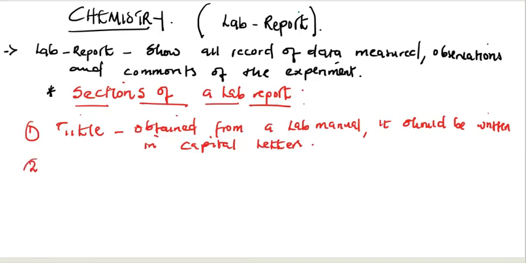Number 2, after writing the title, you are going to write the aim. So what is the aim? This is just the description of the purpose of the experiment. Why are you doing that experiment?